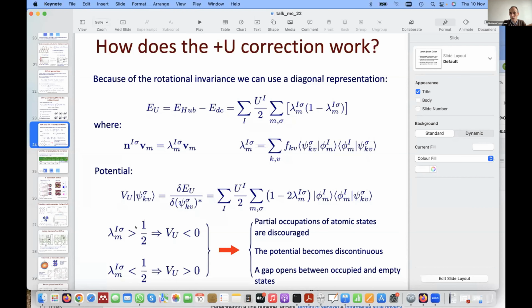Okay, so it tries to open the gap due to this potential discontinuity into the Kohn-Sham spectrum. And in doing that, we see improvement also of other properties. That's more or less what's going on here.